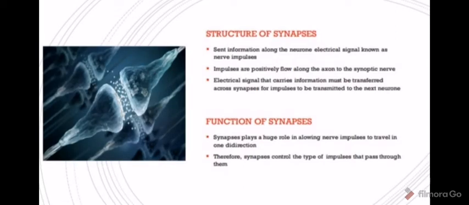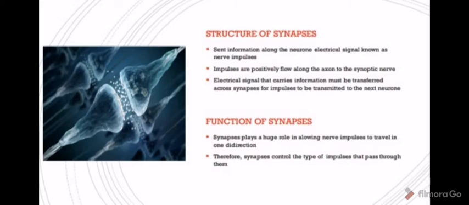Structure and functions of synapses. Information is sent along the neuron through electrical signals known as nerve impulses. Impulses are positively charged waves that flow along the axon to the synaptic knob. There is a narrow gap called the synapse that separates the synaptic knob from the neuron dendrites that receive the impulses.